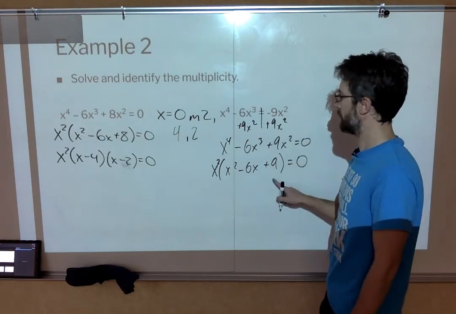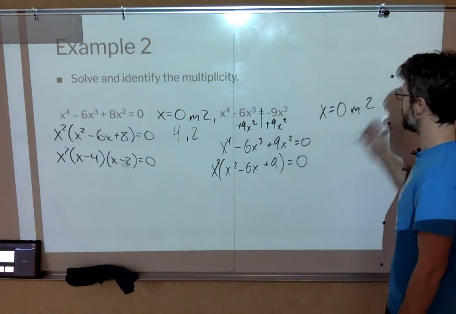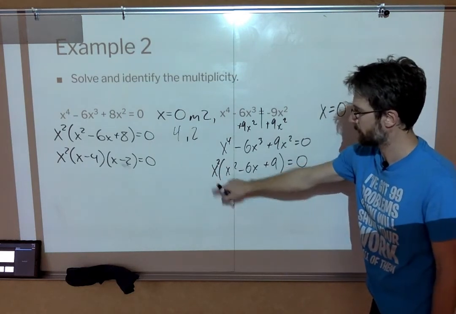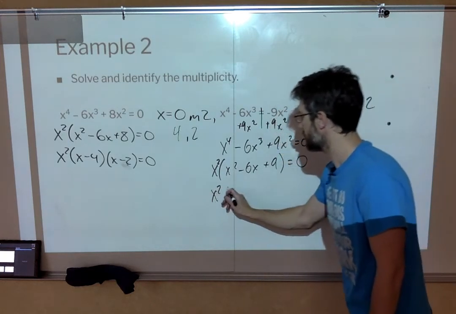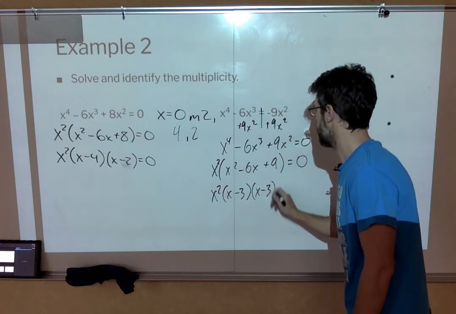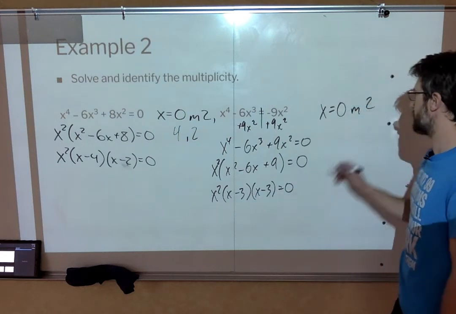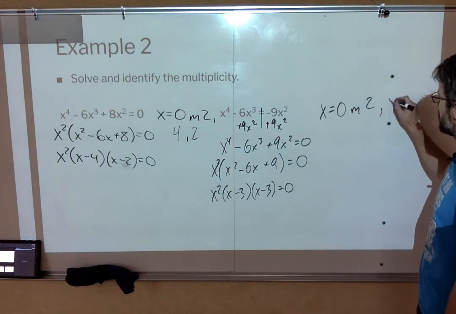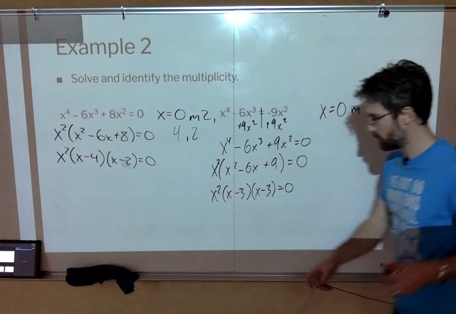This should look familiar. I know that I've got 0 with a multiplicity of 2 already because x squared is a factor. And if I factor this, it is going to be x minus 3 and x minus 3. So I've got a positive 3 for that one, a positive 3 for that one. So I have 0 with a multiplicity of 2 and positive 3 with a multiplicity of 2.